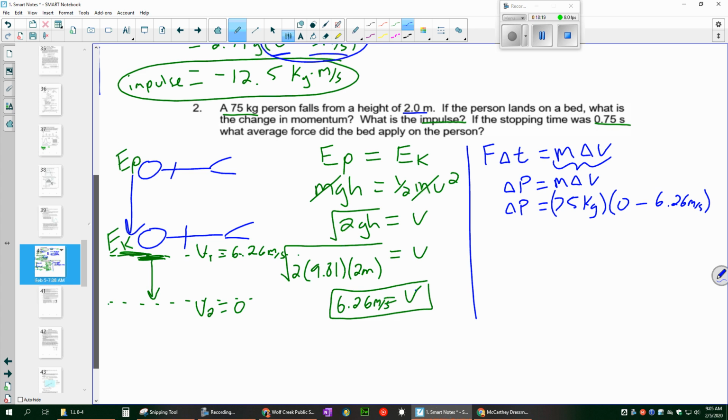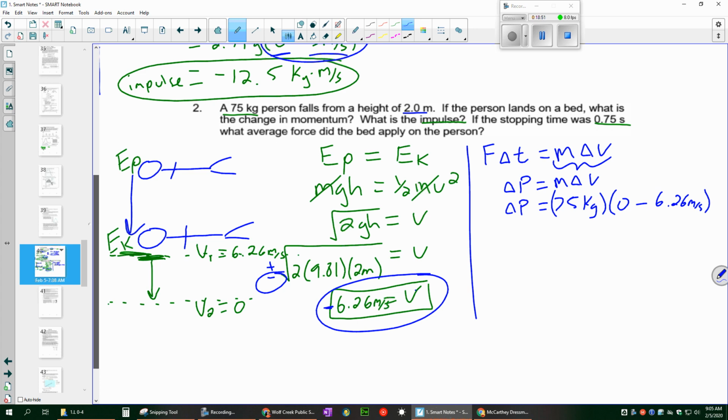Oh, sorry, we made a mistake here. This should be negative, right? So we took the square root of it. Remember, it still makes sense in math because whenever you take the square root of a number, it's actually a positive or a negative. It's up to us to know that actually this was the negative version of it because it's going down. We knew at this point right before you hit the mattress that they're going down. So this really would have been negative.